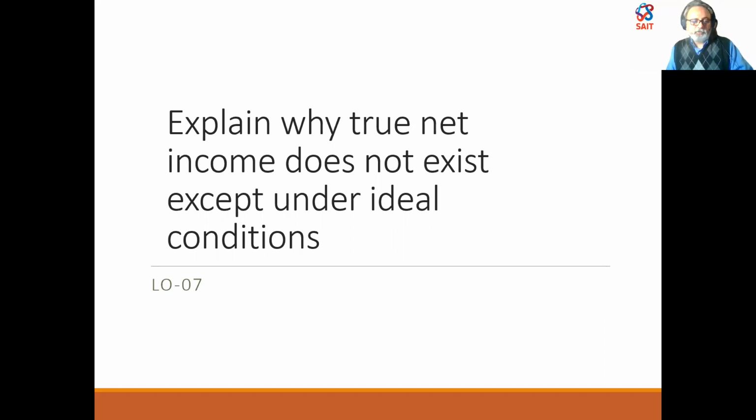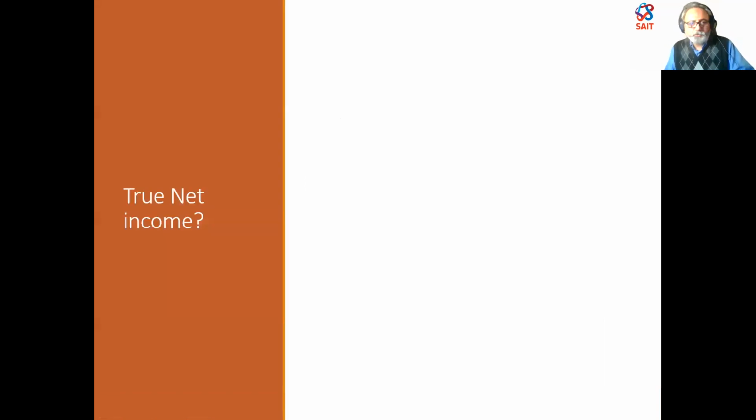And this notion of one true net income number cannot be sustained except under ideal conditions. That's this last learning objective. So what's this about? A true net income does not exist except when you're dealing with ideal conditions.